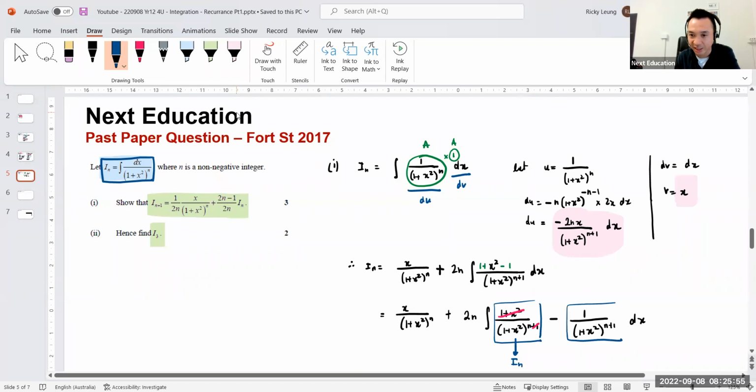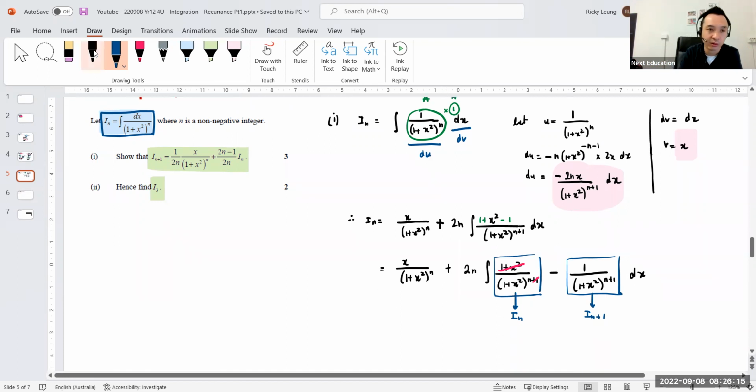This looks exactly the same as the original as well, but with an n plus 1 power. So that is I_{n+1}. So then you've done it. By adding 1 and minusing 1 and splitting the fraction, you've created two versions of the original blue box. One looks exactly the same power. One's got +1.